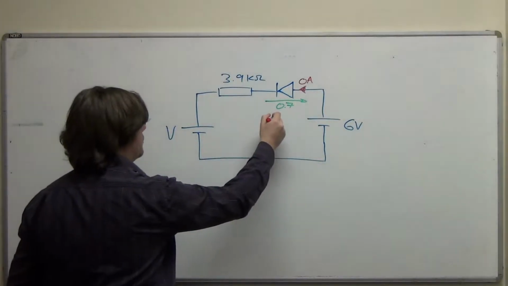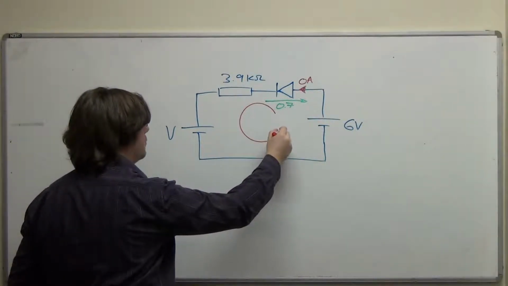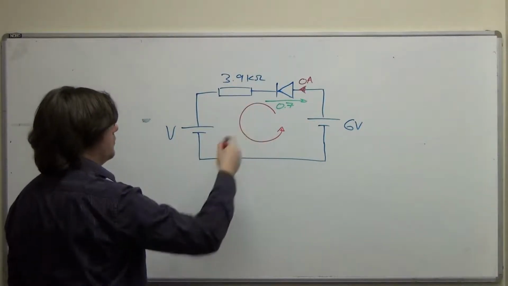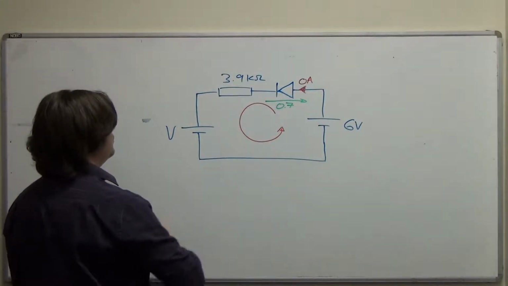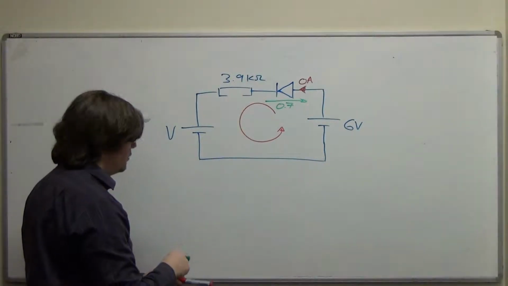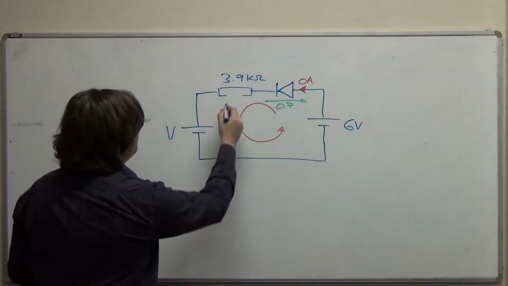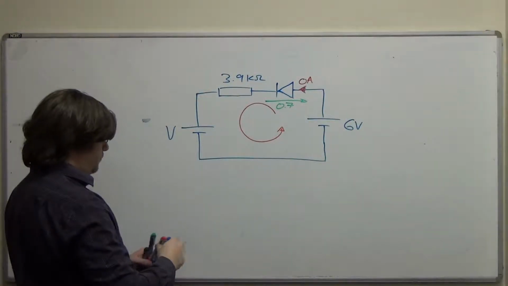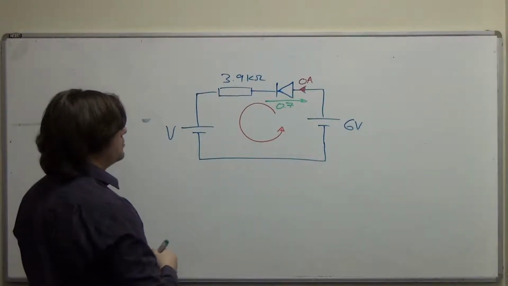So there's a current that's flowing through all these components, and it must be 0 amps through all of them. So if there is no current through this resistor, there can't be any voltage across it.